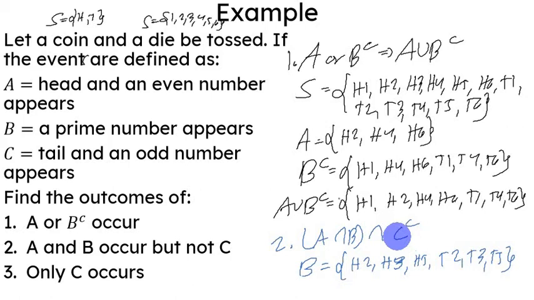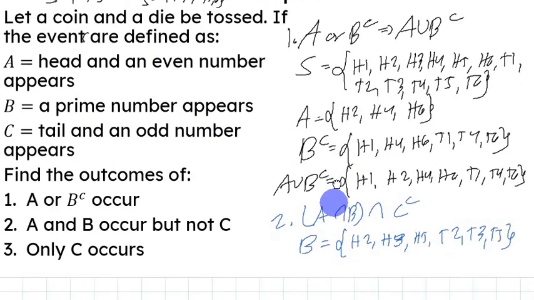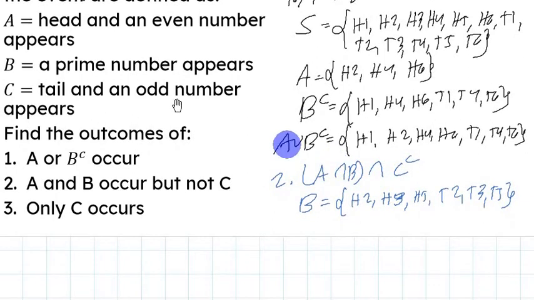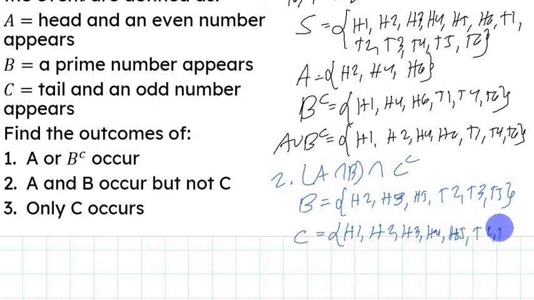C complement would be a tail and an odd number does not appear. So we have to make sure that what is here doesn't have a tail and an odd number. If there's no tail, that means all heads are okay: H1, H2, H3, H4, H5, H6. Then if a tail does appear, it should not be an odd number, so T2, T4, T6.